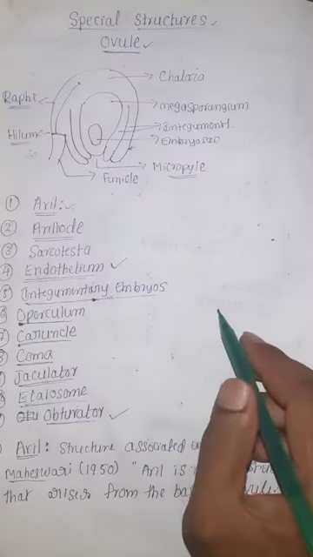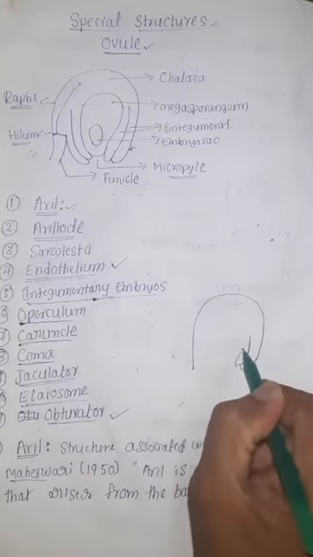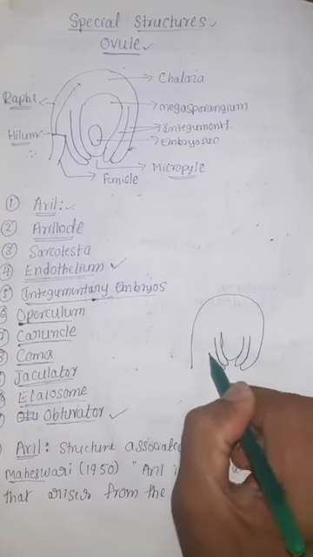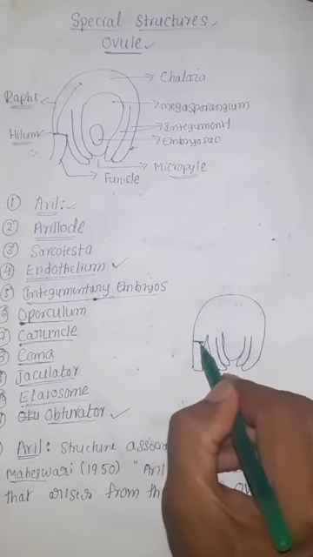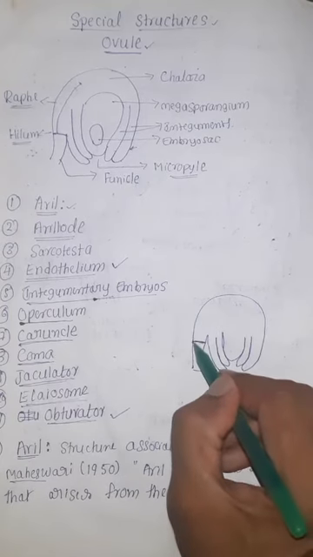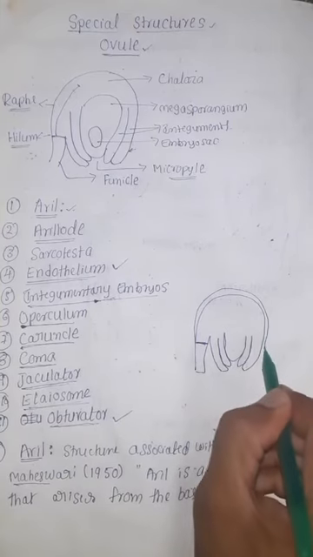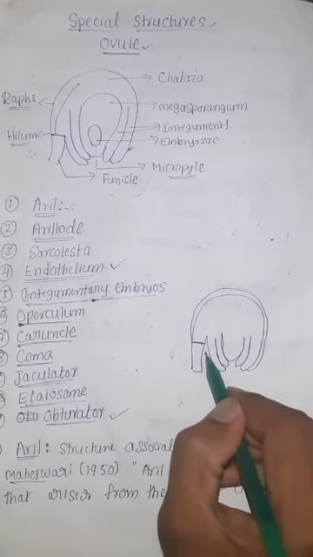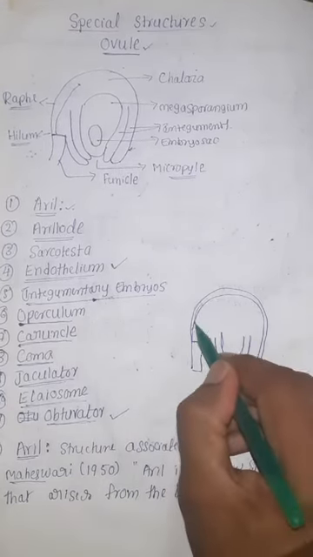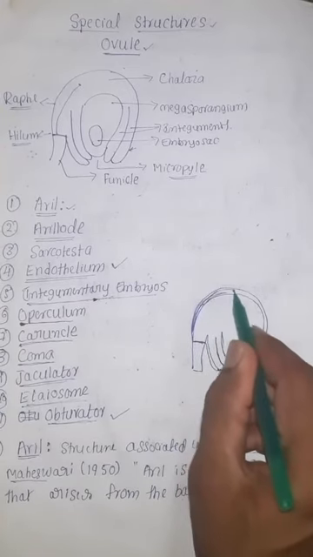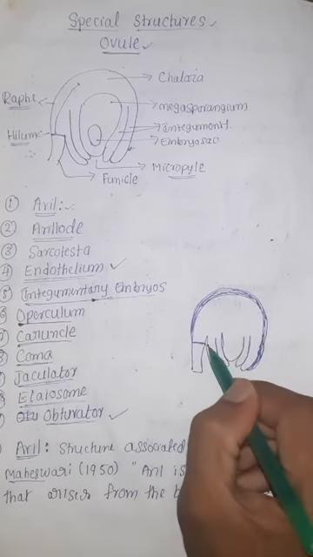Exactly where the aril arises: this is the ovule, right? As per Maheshwari's opinion, the aril arises somewhere from here, from the funiculus. Now I am drawing an LS diagram, so only one line I am drawing. Here also. This part of the ovule, or this extra growth of the ovule, is called aril as per Maheshwari.